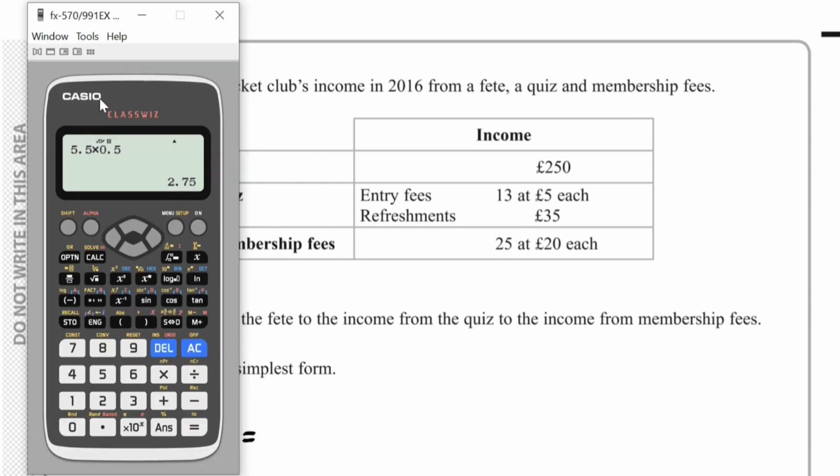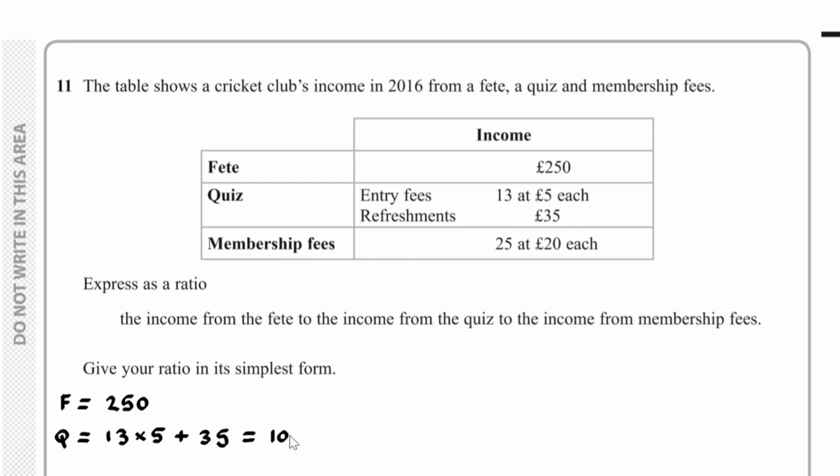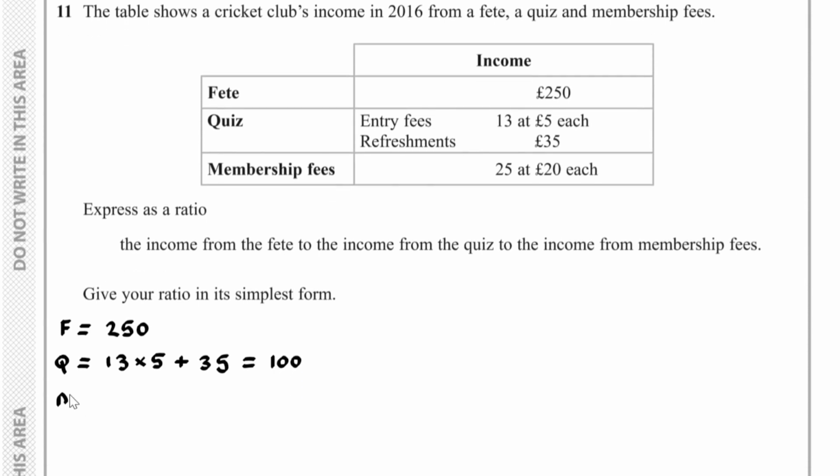So if I work out what this is, 13 times 5 plus 35, which is 100. And then for the membership fees M, we have 25 times 20, which is equal to 500.